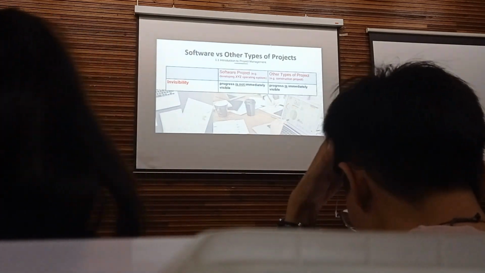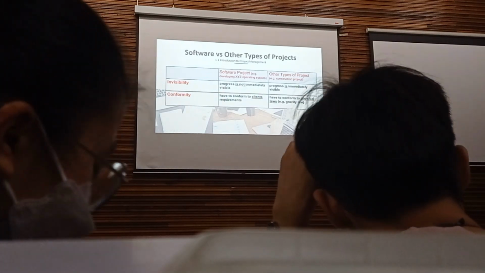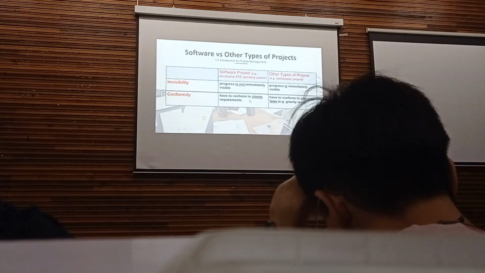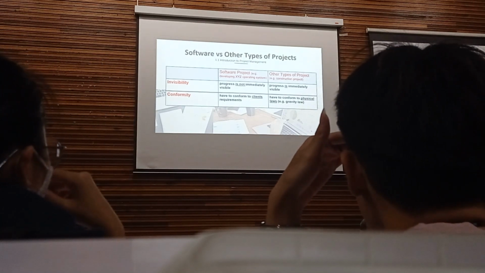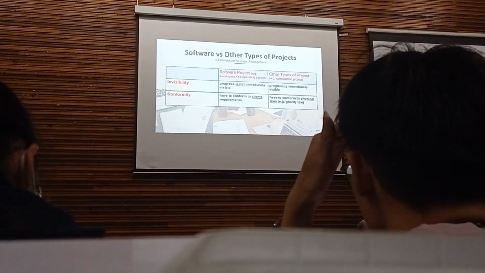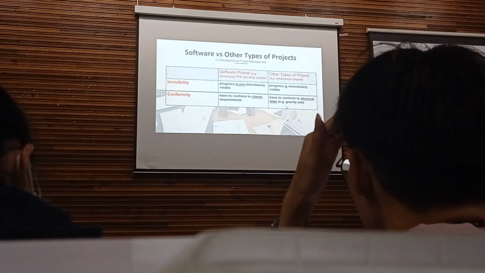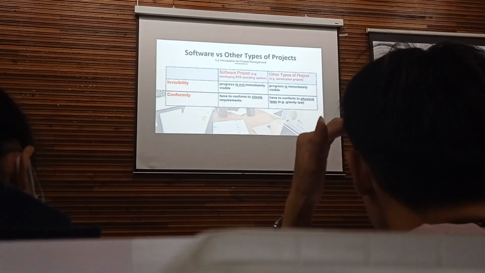Conformity. A software project has to conform to client requirements. So you do the project according to client requirements. But for other projects like construction, it has to conform to physical laws, for example Newton's law. So the drawing I put here.